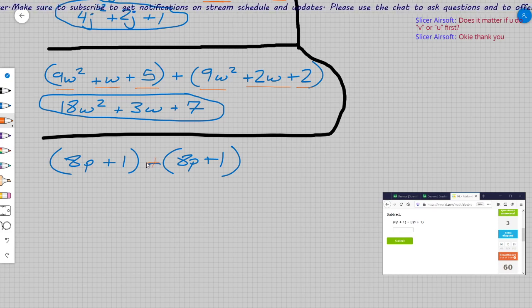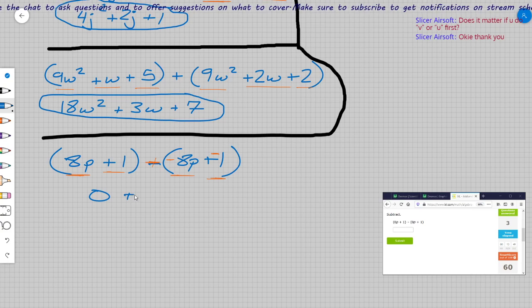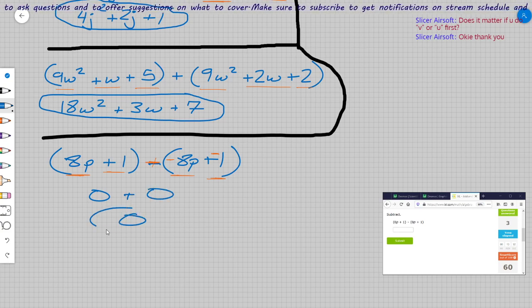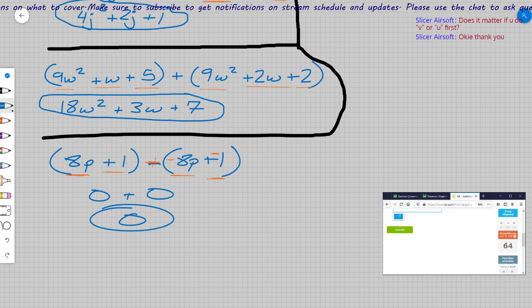But let's go ahead and go through this. We're going to add the opposite. So 8p minus 8p gives us 0. And then positive 1 minus, or add negative 1, is going to be 0. So 0 plus 0 is just 0. Be our final answer. Submit. And we got that one right.